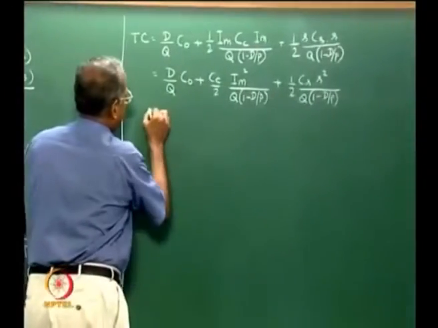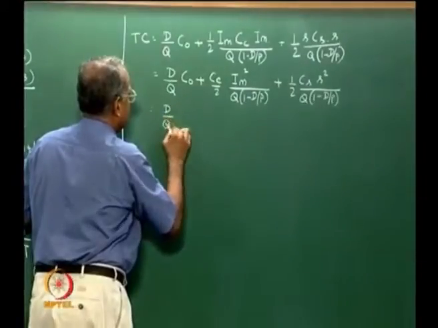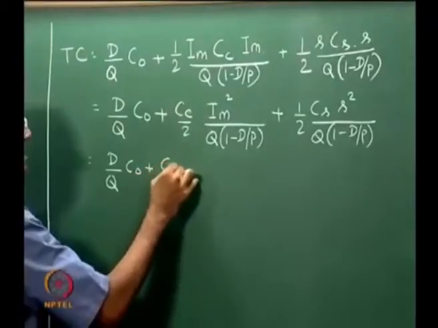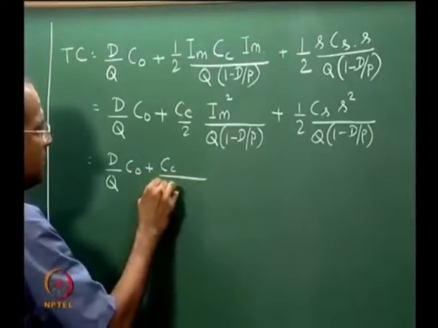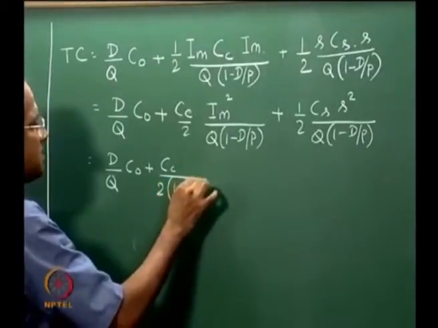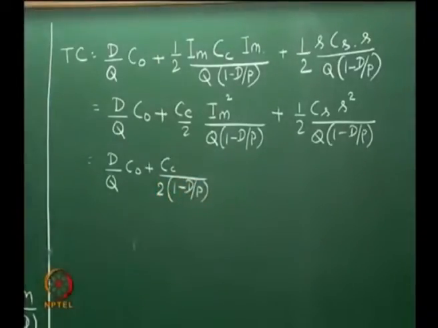So, now we go back and substitute for Im as q into 1 minus d by p minus s. So, this will become d by q C naught plus Cc by 2 into 1 minus d by p.